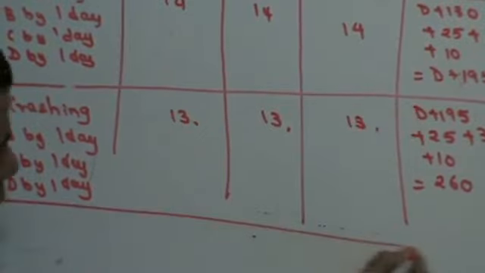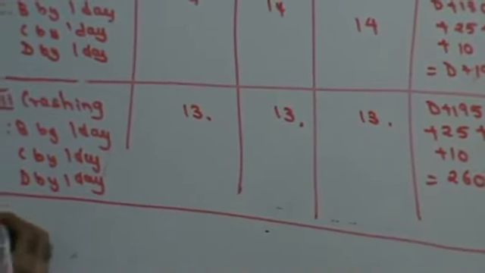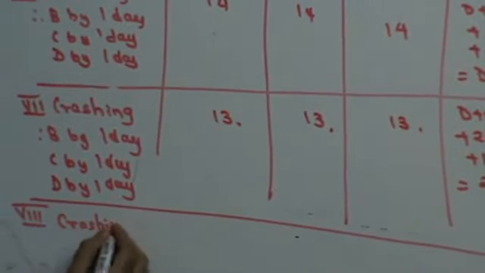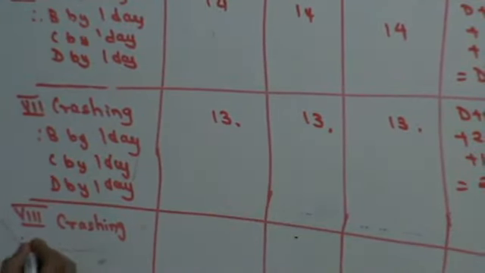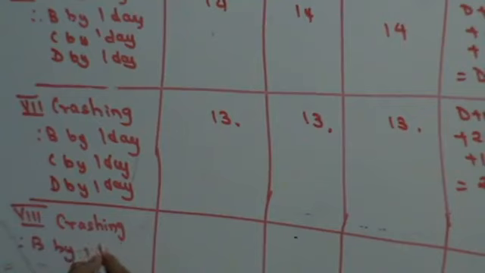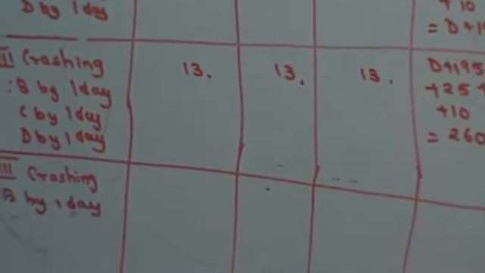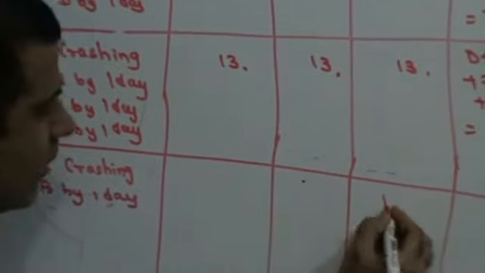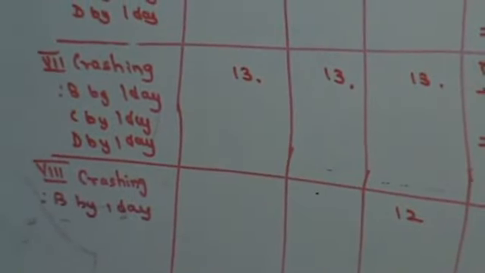Next, I had to crash B by 3 days. 2 days I finished. The last, one more day crashing I have to do. 8th crashing, B by 1 day. So this is my third and final crashing of B. This becomes 12, right?